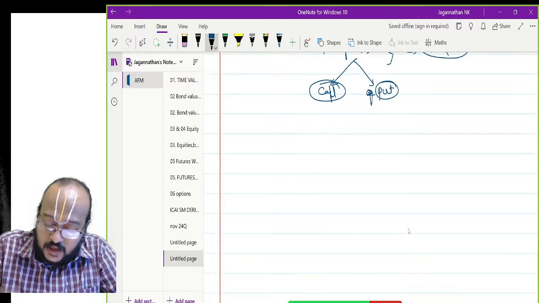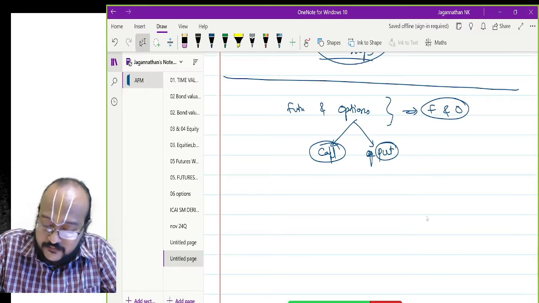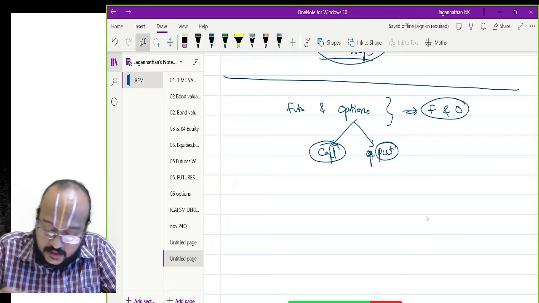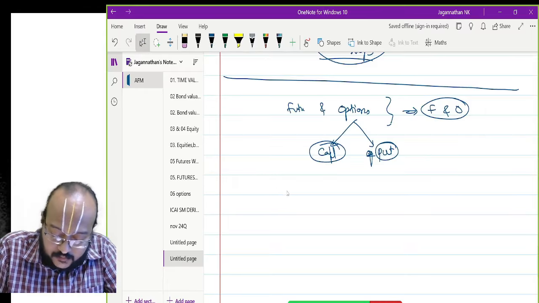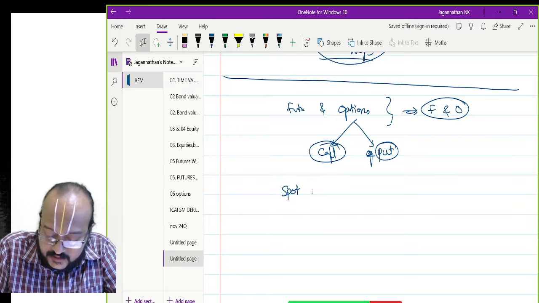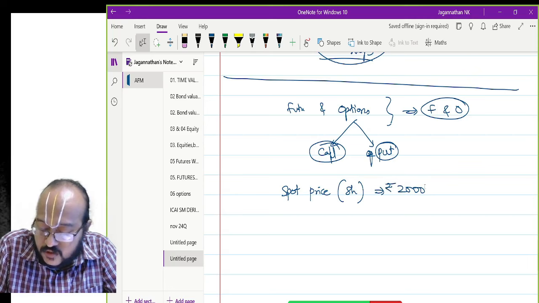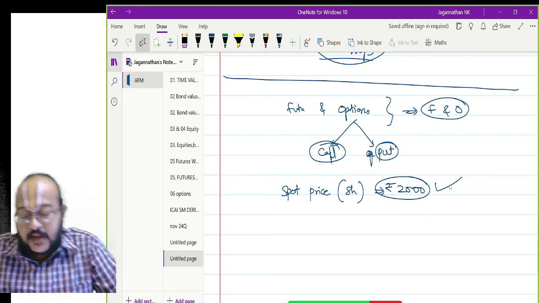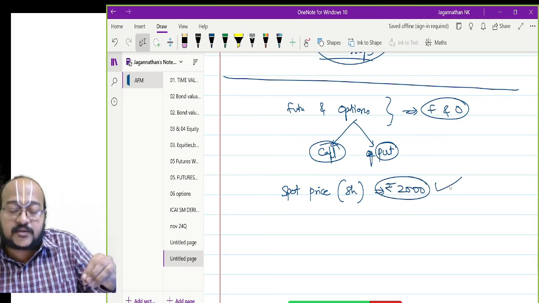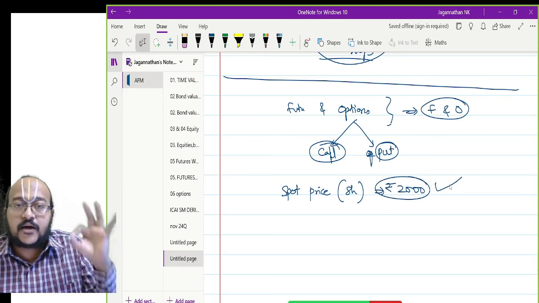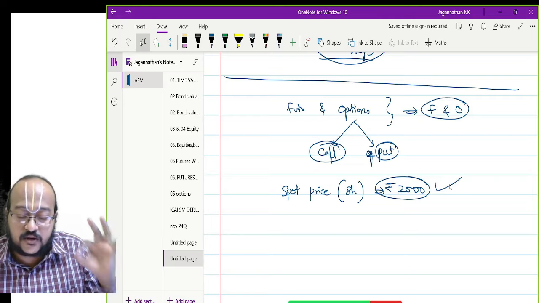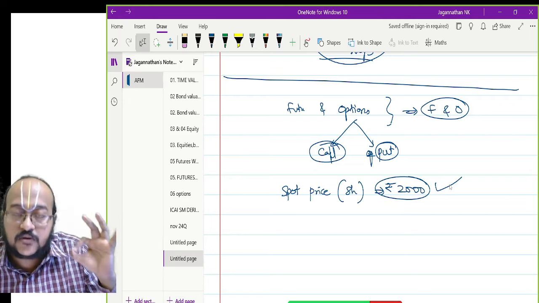Okay. Now, just for one illustration, spot price of Reliance, share price of Reliance today, assume 2000 rupees. Can you just assume this? This I will discuss. When I discuss, I will explain. Today assume that the share price of Reliance is 2000 rupees.